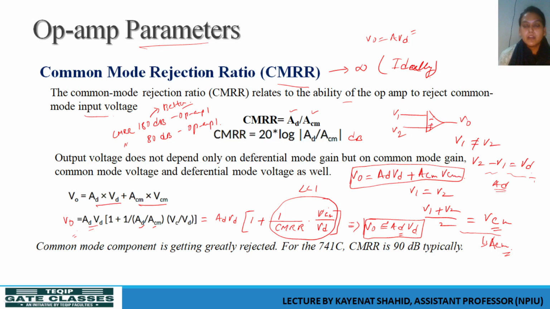It can sometimes be a wanted signal, but many times it is unwanted. The ability to reject that common mode signal is called the CMRR, the common mode rejection ratio. This is a very important thing to know. For the 741 IC it is 90 dB.